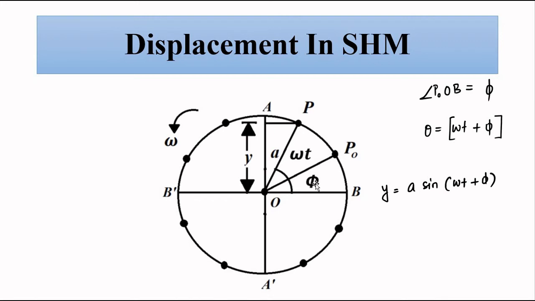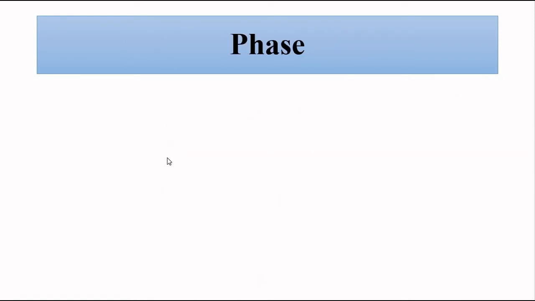That angle with respect to the initial position of the particle is called the initial phase angle φ.